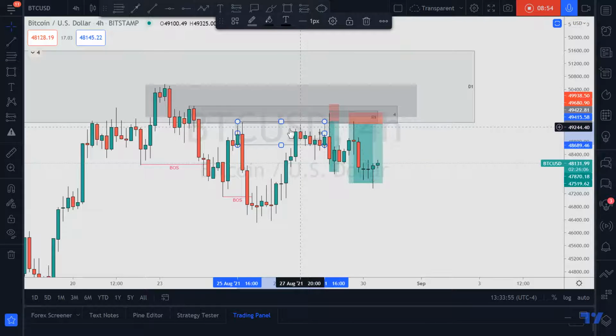So as soon as it passes the 50 percentile of the order block, the halfway mark, you've got to ask yourself: is it going to respect this order block, or is it going to break it? Is it going to pass through it? That is the mean threshold.